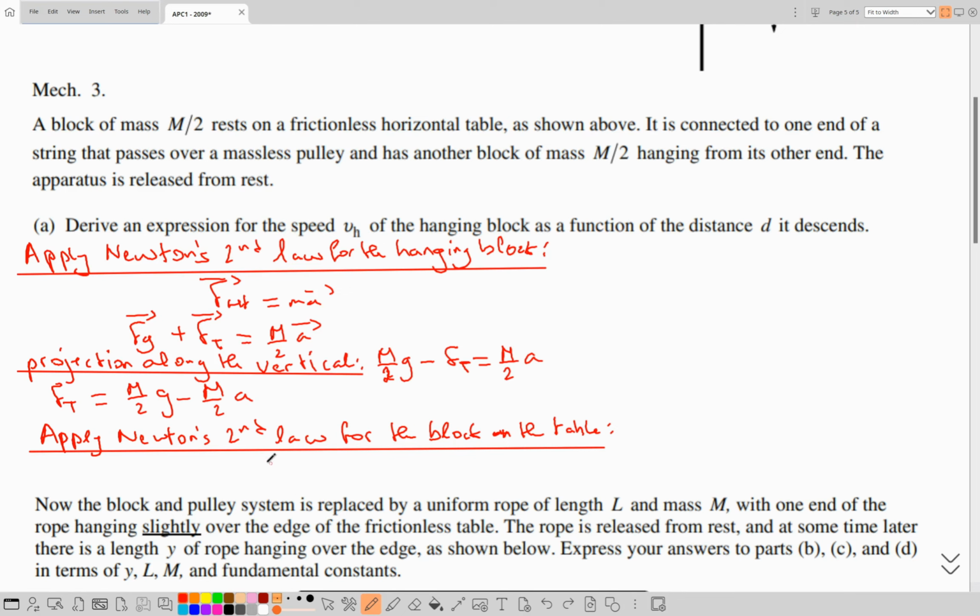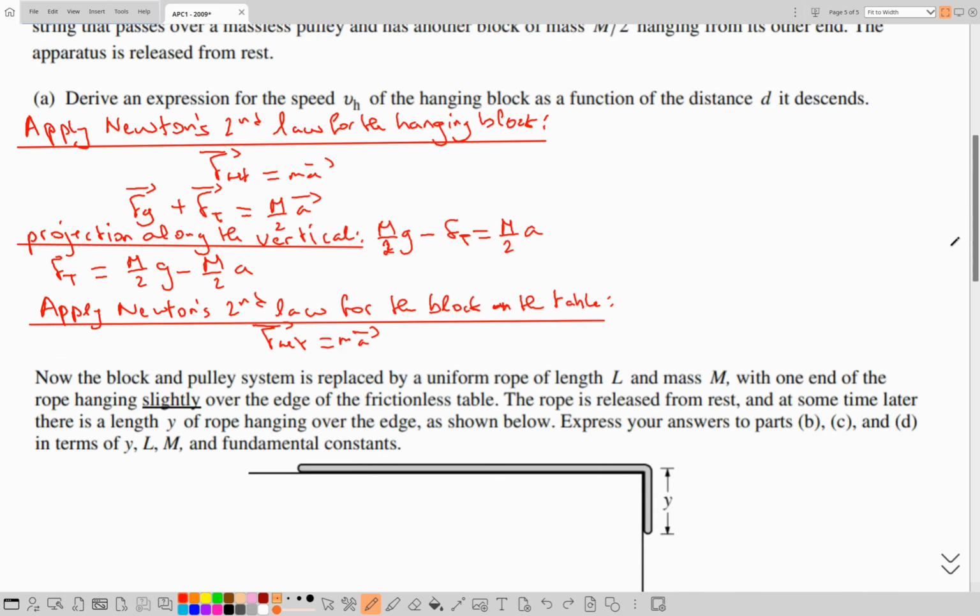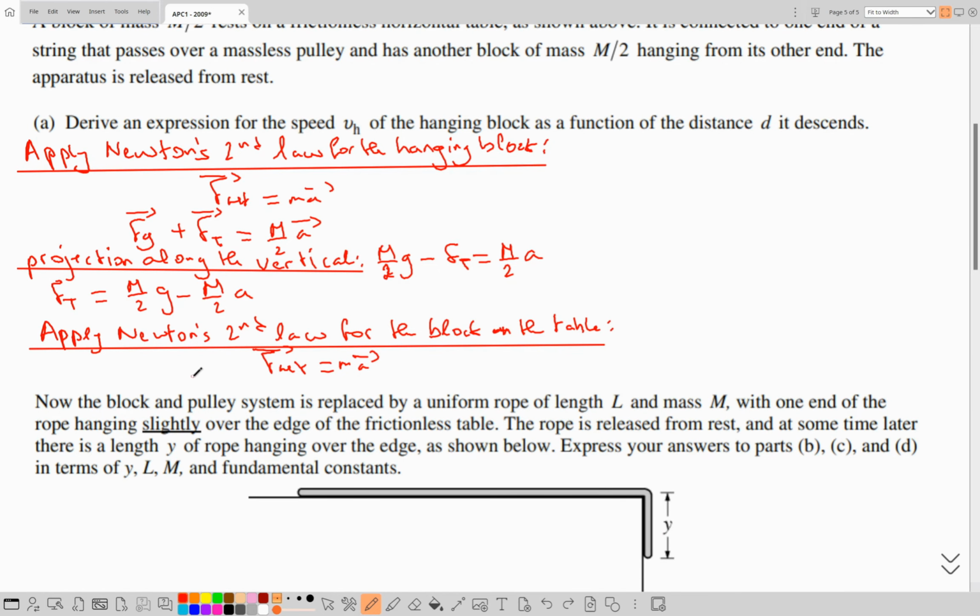That would be sum of forces is given by ma. What are the different forces acting here? The table is frictionless, we don't have friction, we have the pull of gravity down, normal push up, and the same tension along the string toward the right. Then that would be the pull of gravity plus the normal push plus the tension is given by m over 2 multiplied by a.